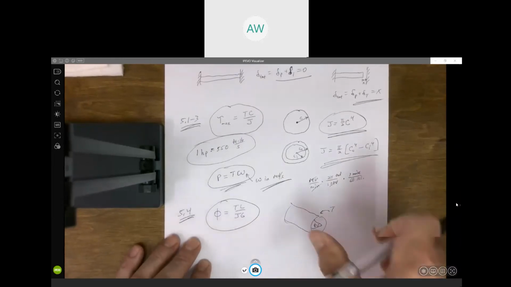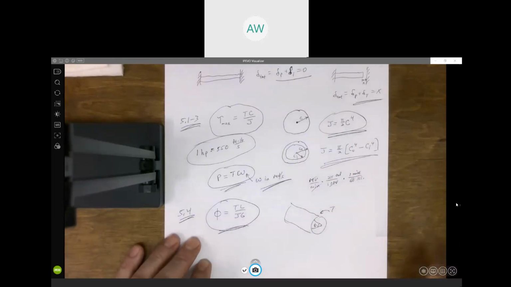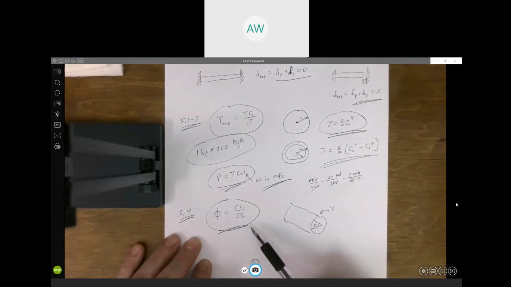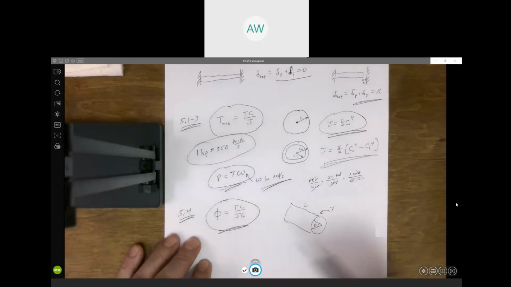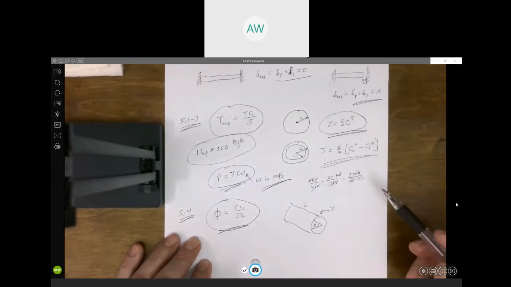That angle that the cross section rotates through, that's what we call the angle of twist. And the only new thing in this formula, G, that is the modulus of rigidity. That's the shear modulus, a material property that you would be provided. T is the torque, L is the length, J we discussed already. It's the polar moment of inertia.